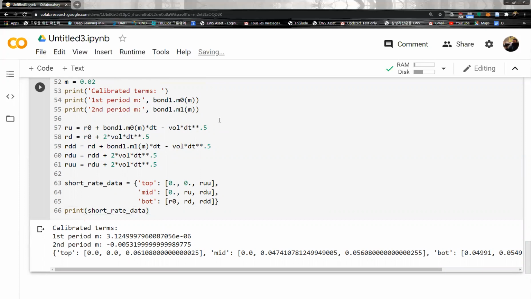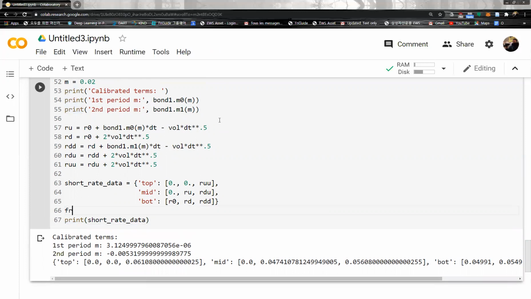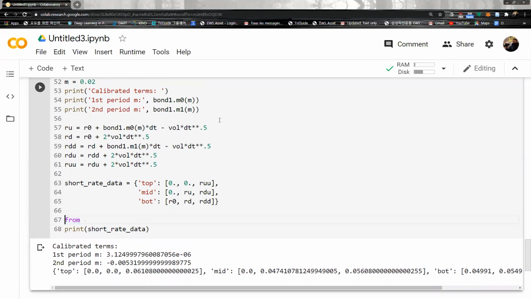So instead of this one, we can call from tabulate import tabulate, okay. And then, oh, I think I made a mistake, but let me continue.